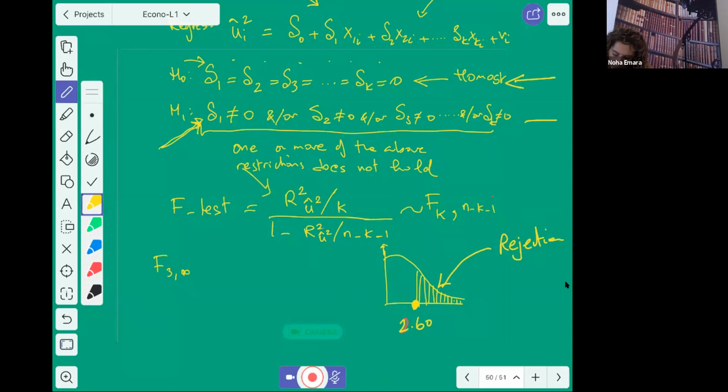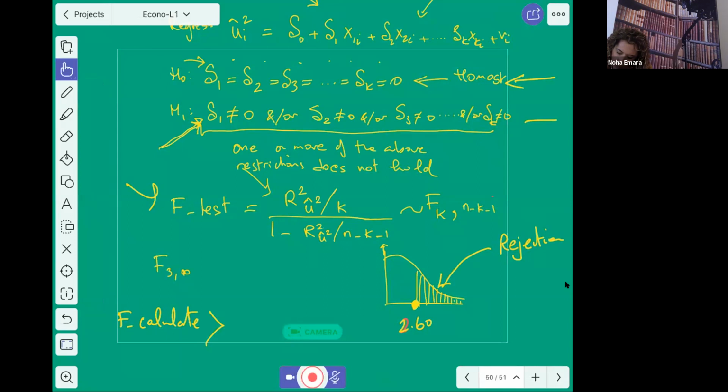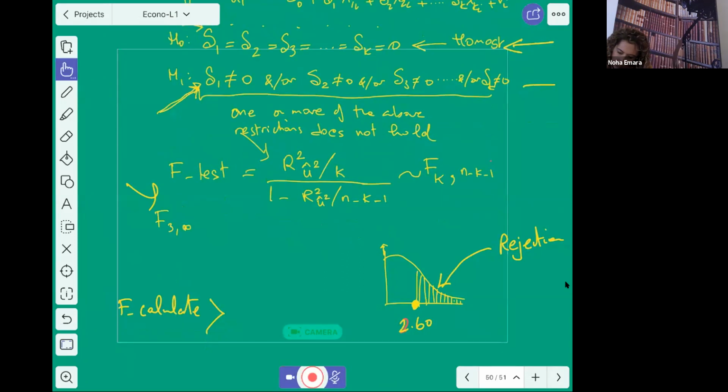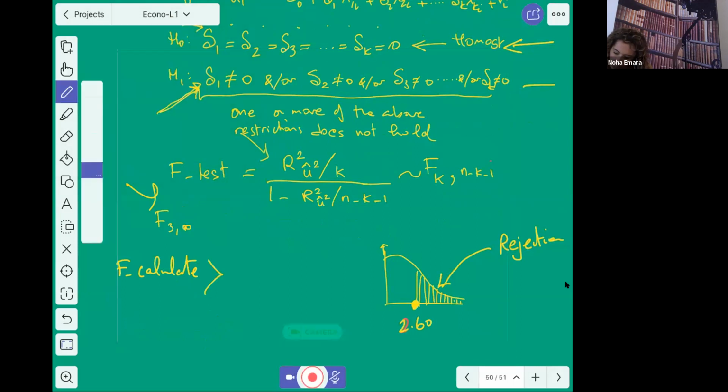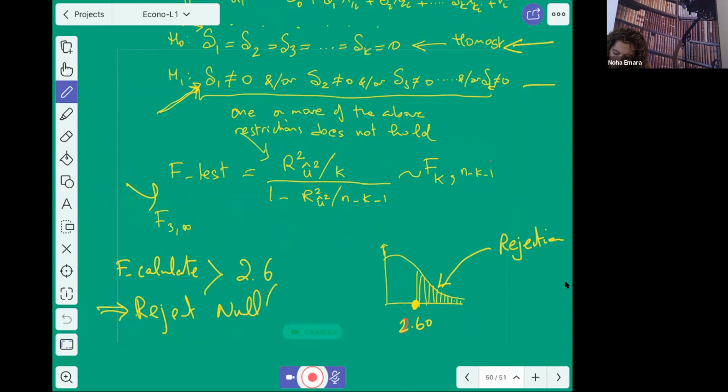So if the F that you calculate from the formula you see here is greater than 2.6, then you are in the rejection region. So reject the null, and remember, the null is saying homoskedasticity. So you're going to conclude I have heteroskedasticity. So the model is heteroskedastic.